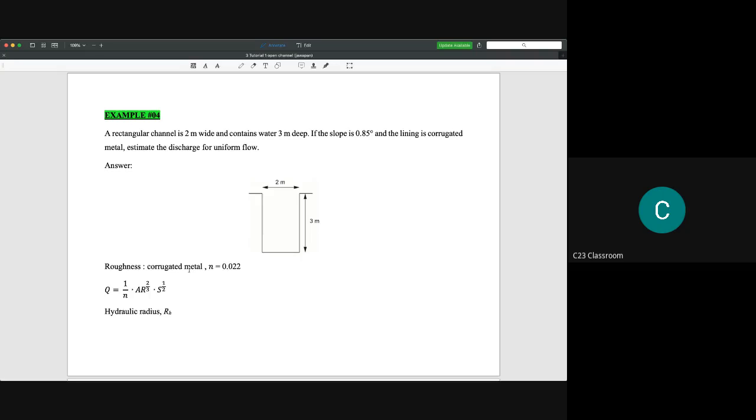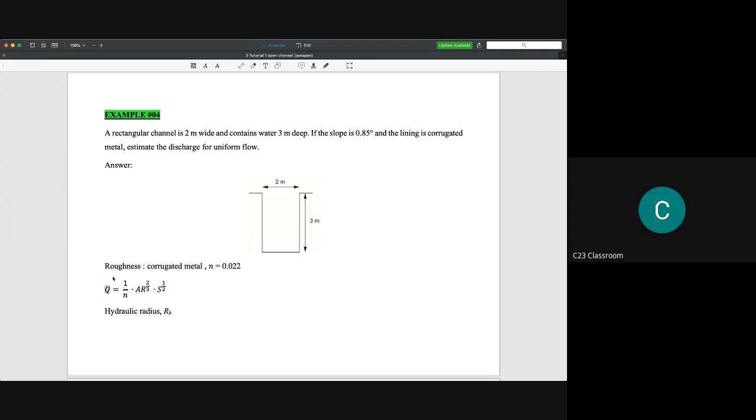Normally in a test, in the final, or in this tutorial, we give you the value of n. So for corrugated metal, n is 0.022. The question asks for the discharge for uniform flow, so the discharge means the value of Q. We actually have two choices: calculation using the Chezy formula, or the Manning equation.